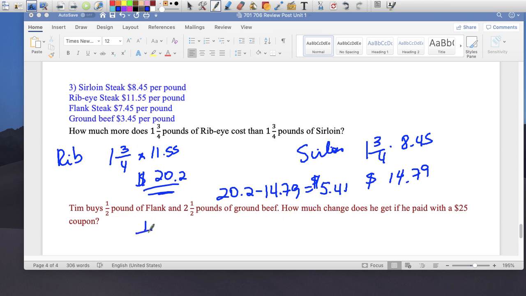Tim buys half a pound of flank times 7.45, and then he buys 2.5 pounds of ground beef times 3.45. So let's figure out how much this is.